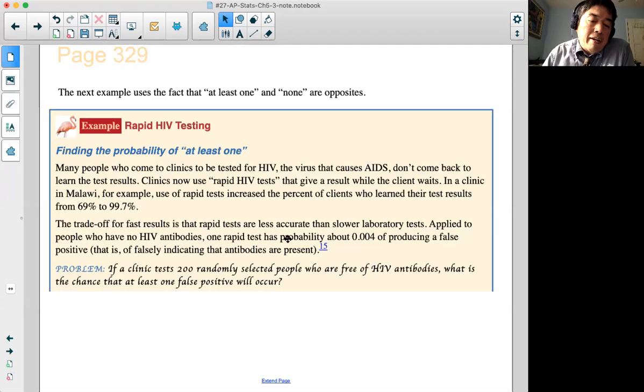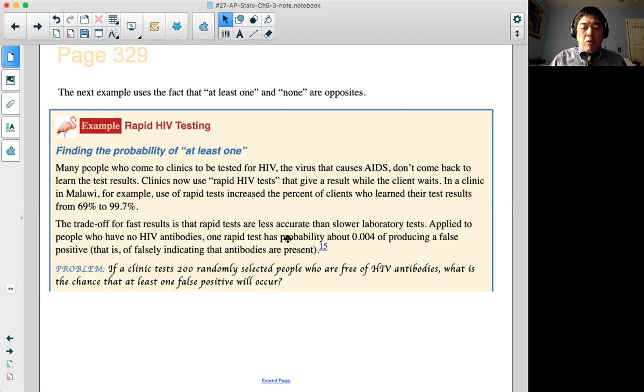So the problem now is, if a clinic tests 200 randomly selected people who are free of HIV virus antibodies, what is the chance that at least one false positive will occur? It could be 2, it could be 3.